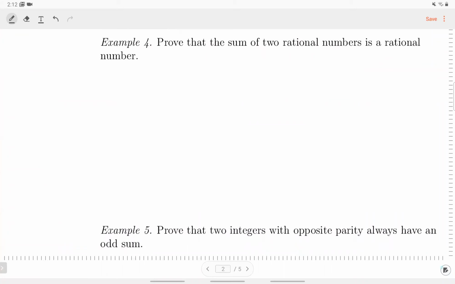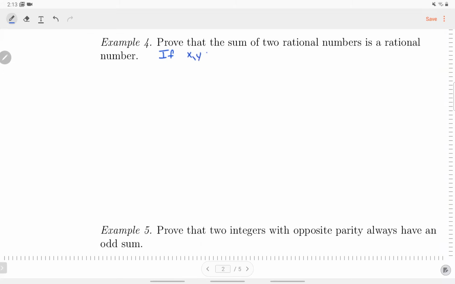All right. Move this over. So I need to identify my if and then because this one is in a funny form. So my if, we're going to have two rational numbers.